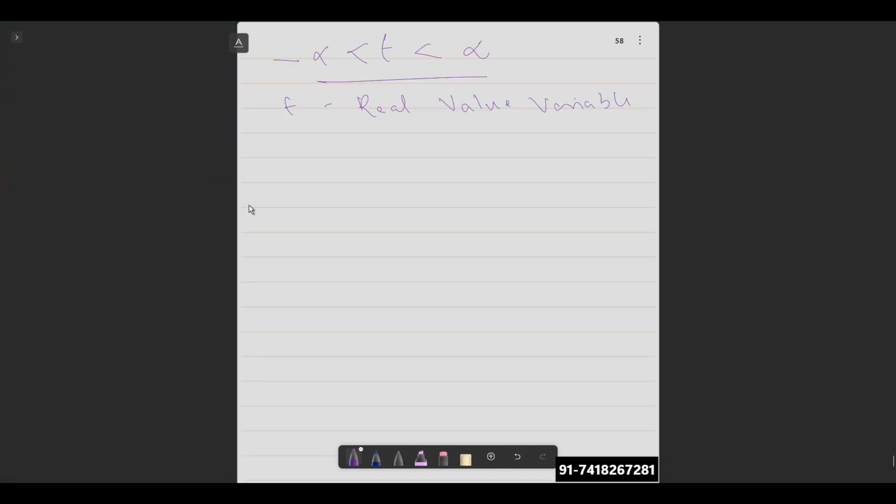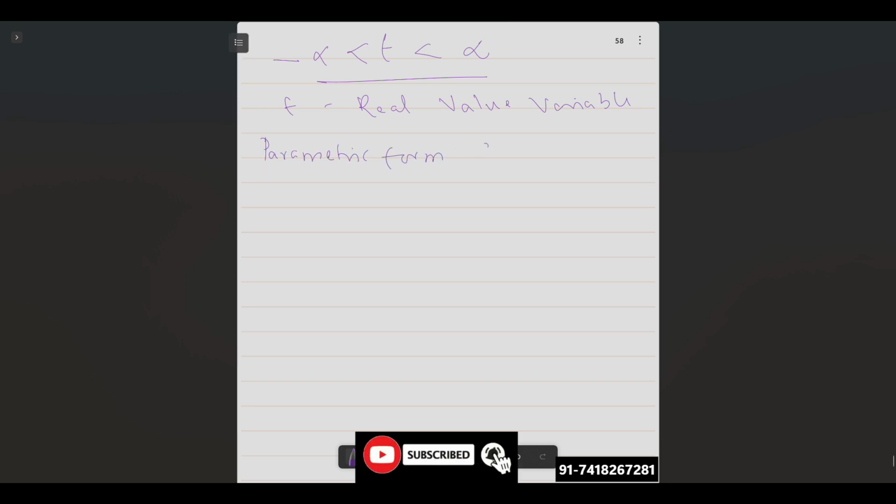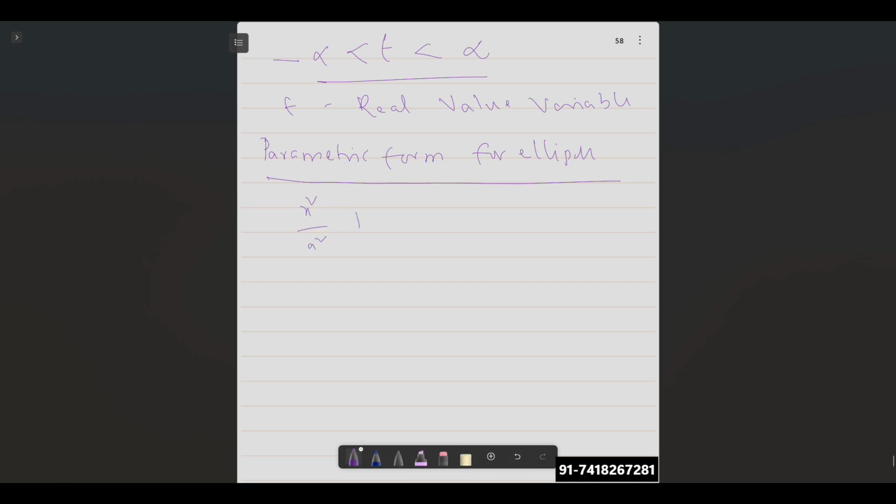Now let us see the parametric form for ellipse. What is our Cartesian form? x square by a square plus y square by b square equal to 1.